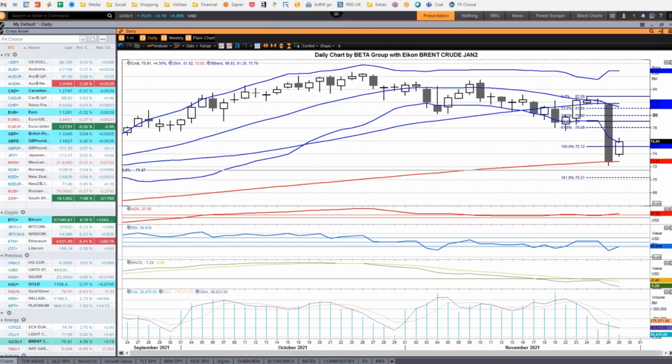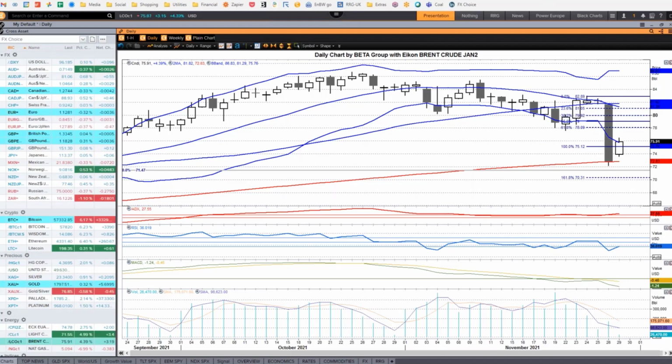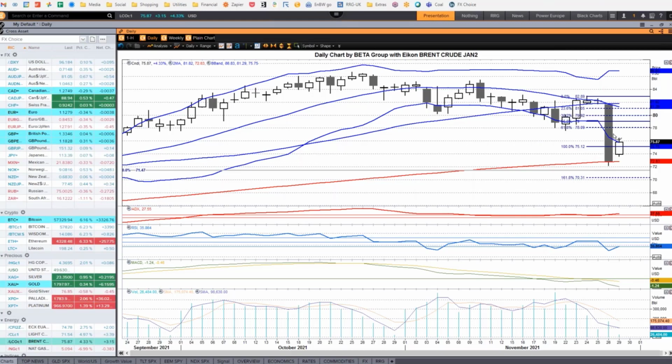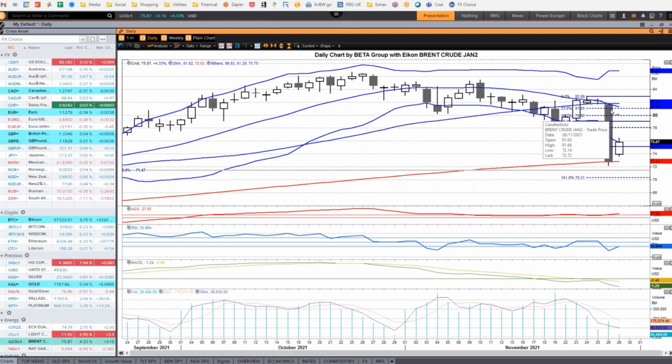But we've also got a big Marubozu here, which under my trading strategy allows me to lower the stop at the midpoint of the body, which is at 77.17, I think, something like that. That's where my stop is now on my short from up there.